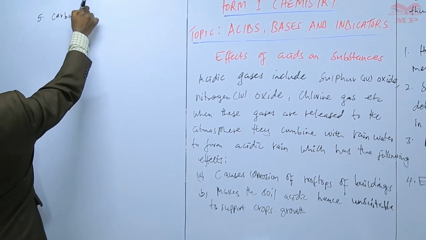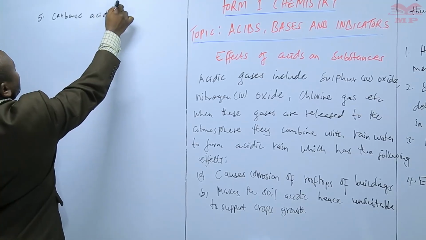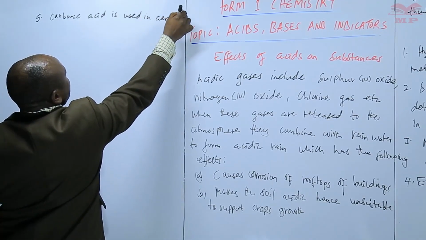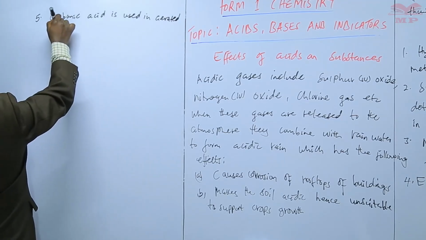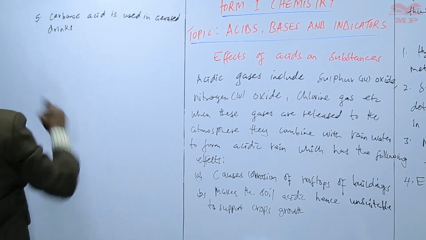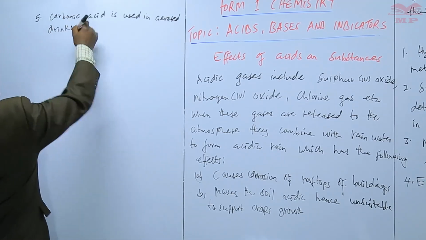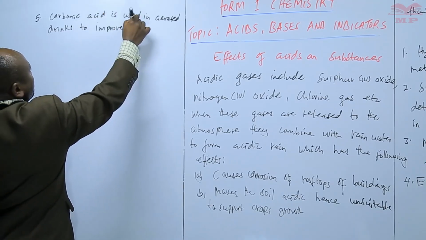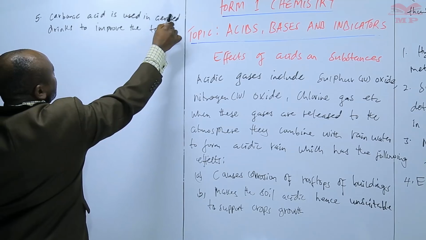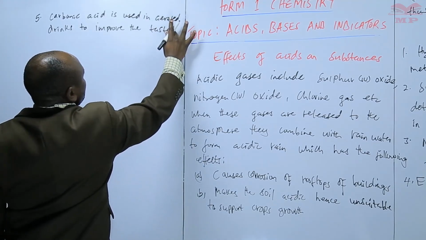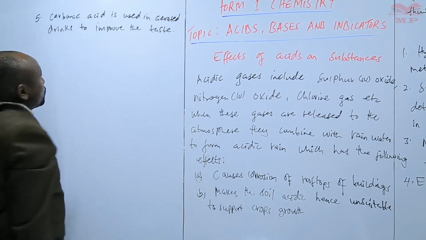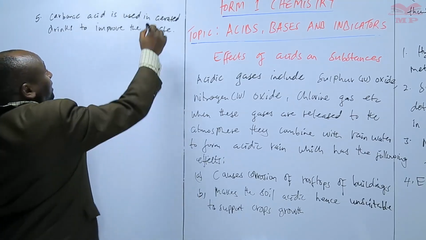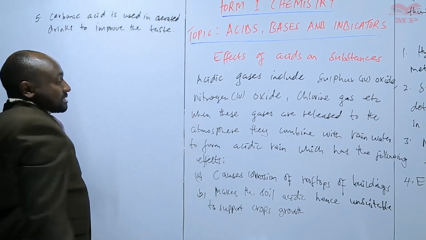We have carbonic acid, which is used in aerated drinks, e.g. sodas, to improve the taste. So the aerated drinks such as sodas have carbonic acid, and that is done to improve the taste.